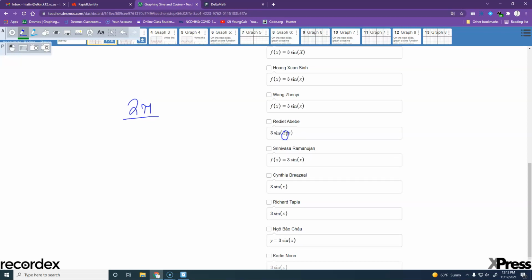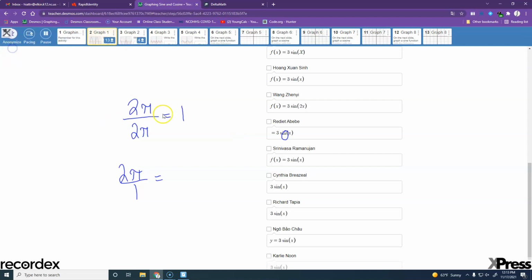So if we put a 2 pi there, then our period would be 2 pi over 2 pi, which would just be 1. So you don't put the period there. If your period is 2 pi, you need the number that 2 pi divided by is going to give you 2 pi, right? So it's the number that you're going to divide by. So you should not have any numbers in front of your x. So Wayne here has that 2 that should not be there.